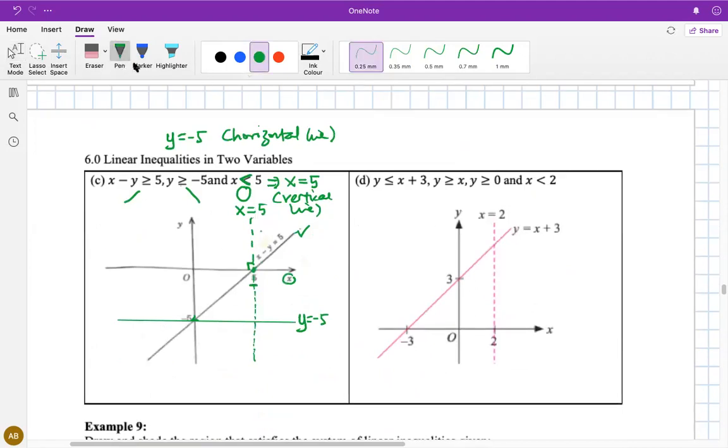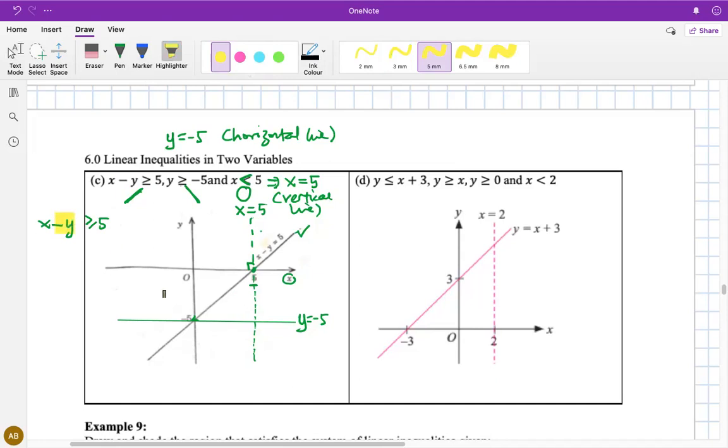Okay, so the first one is using this symbol. Okay, slash, backslash, in a circle. Slash is x minus y greater or equals to 5. So x minus y greater or equals to 5. So remember, when we want to examine the region that satisfy the inequalities, we must make sure that the y is positive. So y is positive, but now it's negative.